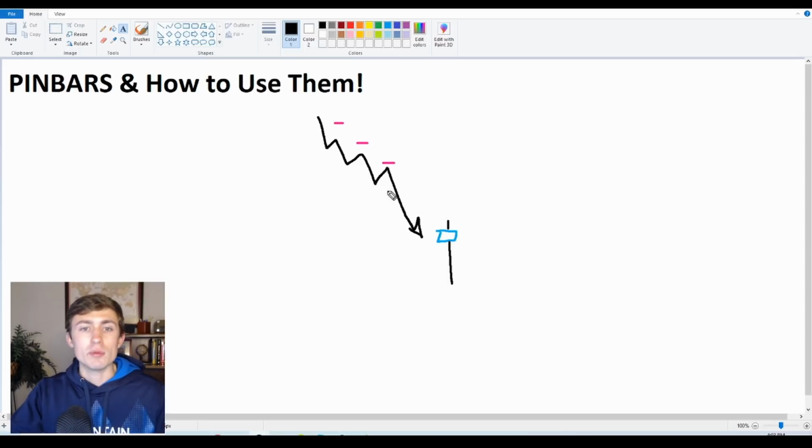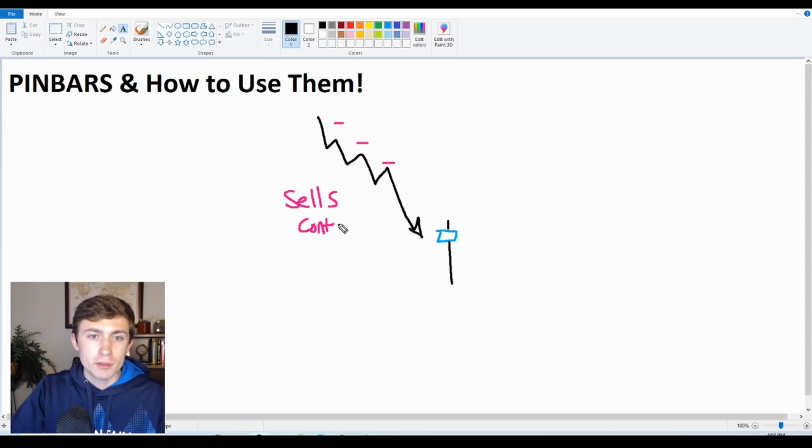And what do we see? Well, we see a market that's made a movement to the downside. Sellers are in control, so sellers control this market, and they're pushing price lower. Price is making a movement to the downside as sellers hold this market. But then we get this movement. We get that bullish pin bar.